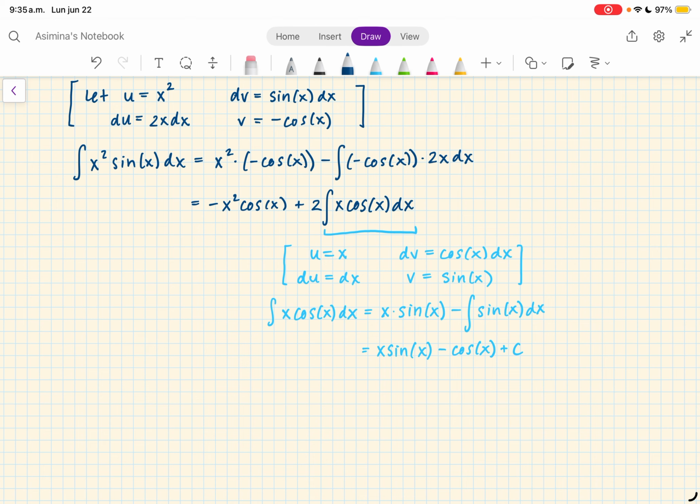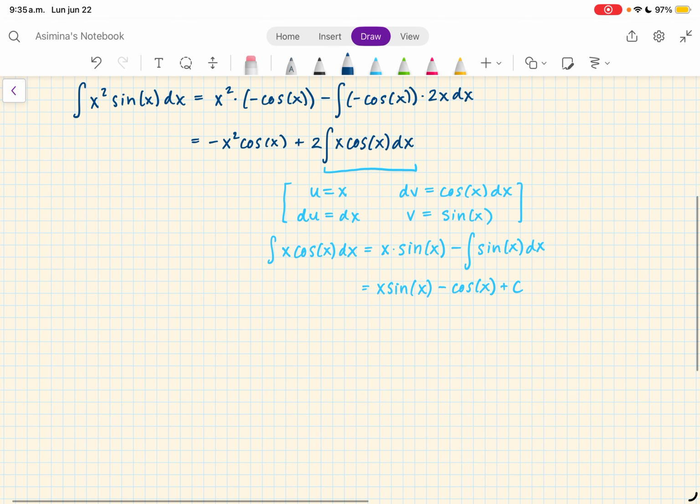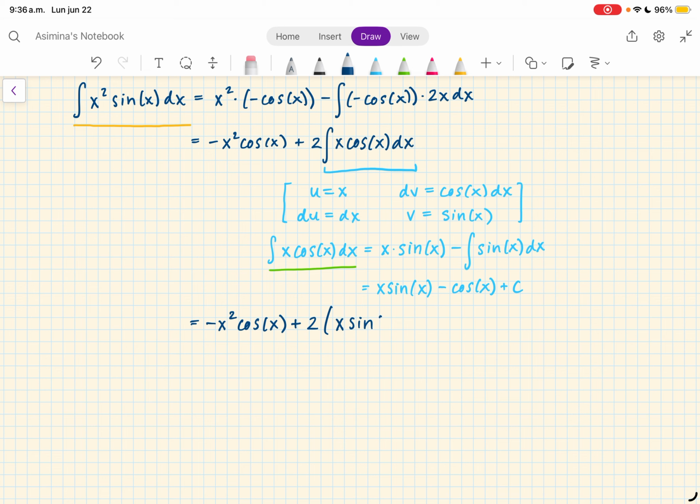So let me rewrite what we have so far. Going back to our original integral, the integral of x squared sine of x dx, we have negative x squared cosine of x plus 2 times, so we just solved this integral here, which we got is x sine of x minus cosine x plus c.